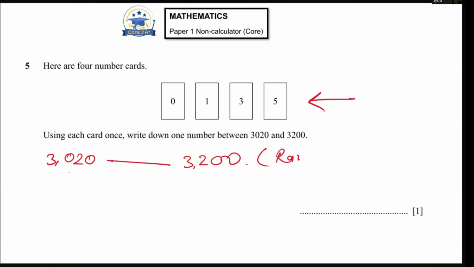So the first digit would be 3, and the second number would be 0 or 2, or the number between, 1, as well, because 1 lies between 0 and 2. Okay, 0, 1, 2. But unfortunately, 2 is not there in these cards. So we will focus on 0 and 1.